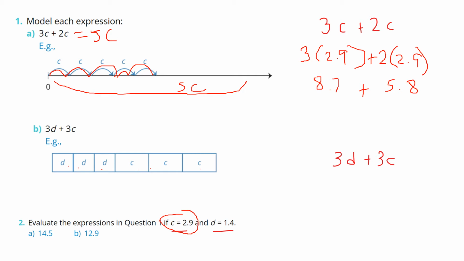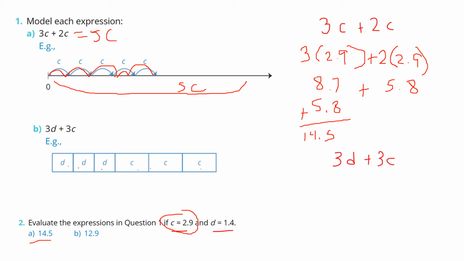When we add decimals, we line up the decimal point. So 8.7 plus 5.8, we line the decimal points up, we add them and bring the decimal straight down. So 8 and 7/10 plus 5 and 8/10 gives us 14 and 5/10 as our final answer, which is right here in letter A.